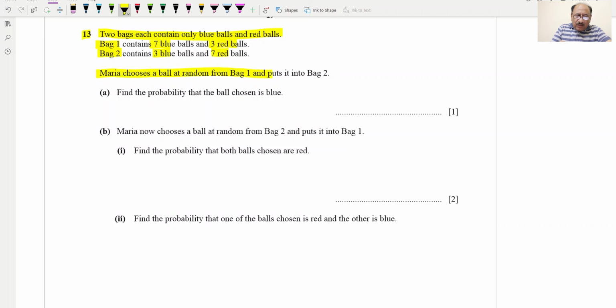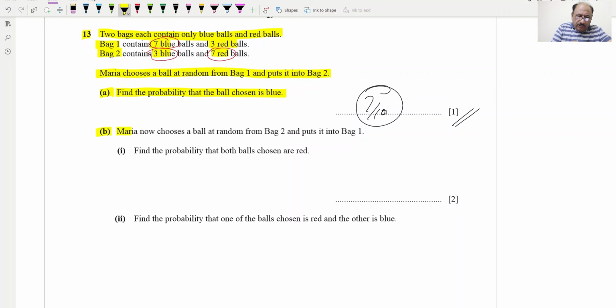Maria chooses a ball at random from bag 1 and puts it into bag 2. So A part, find the probability that the ball chosen is blue. So blue is 7, taken from bag 1, so 7 out of 10 will be the probability. Total are 10, so 7 by 10 will be the probability, and this is a 1-mark question.